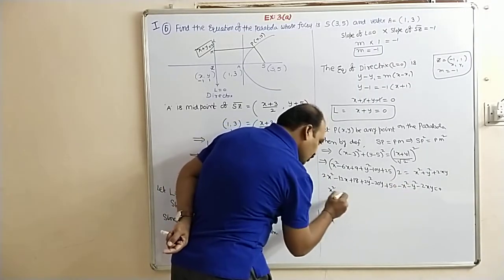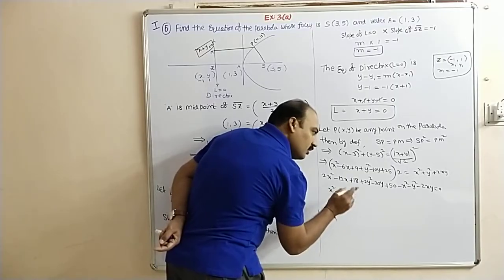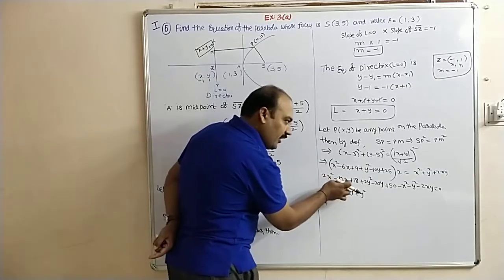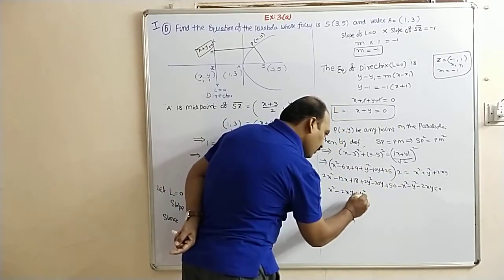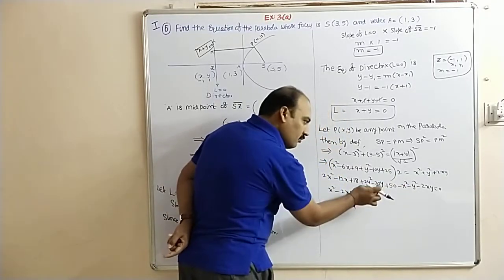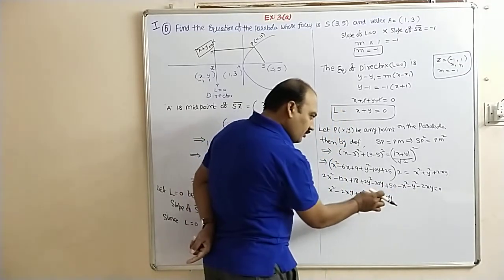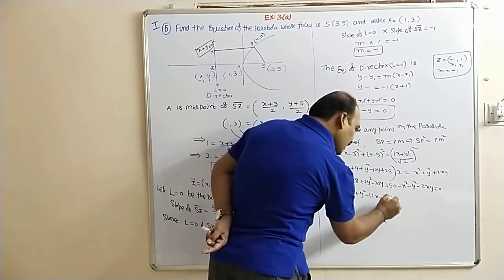2x square minus x square. After the xy term, minus 2xy. 2y square minus y square is y square. After the x term, minus 12x. Here there is no x term. So minus 12x minus 20y. Constants: here 50 plus 18, 68.